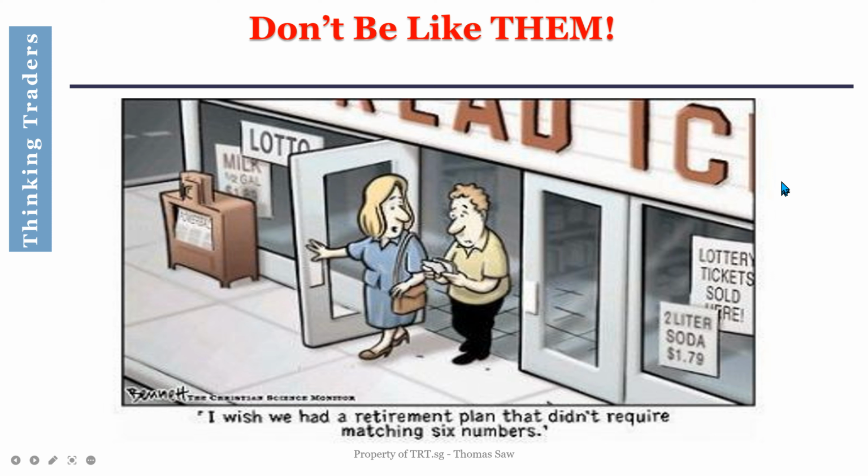To be fair to the Americans, they are not the only ones. Singapore Pools makes billions and billions of dollars every year, from people who have a retirement plan based on Toto, Big Sweep and 4D. Nothing wrong with buying Toto, Big Sweep and 4D, but you cannot rely on them for retirement.